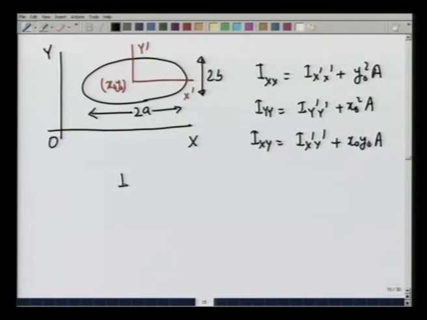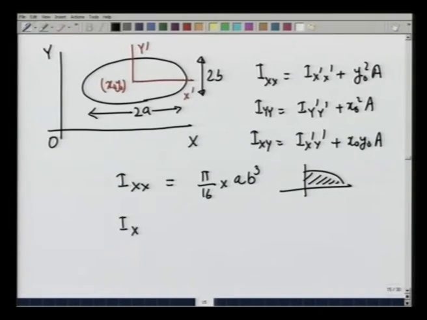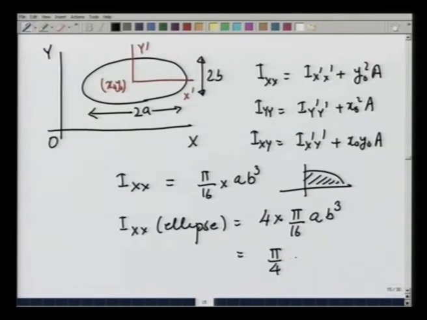Previously, we have calculated I x x as pi over 16 times a b cubed for a quarter of an ellipse like this. So, for the full ellipse, and this I left as an exercise for you, this is going to be 4 times as much. So, this is going to be 4 times pi over 16 a b cubed, which is pi over 4 a b cubed.